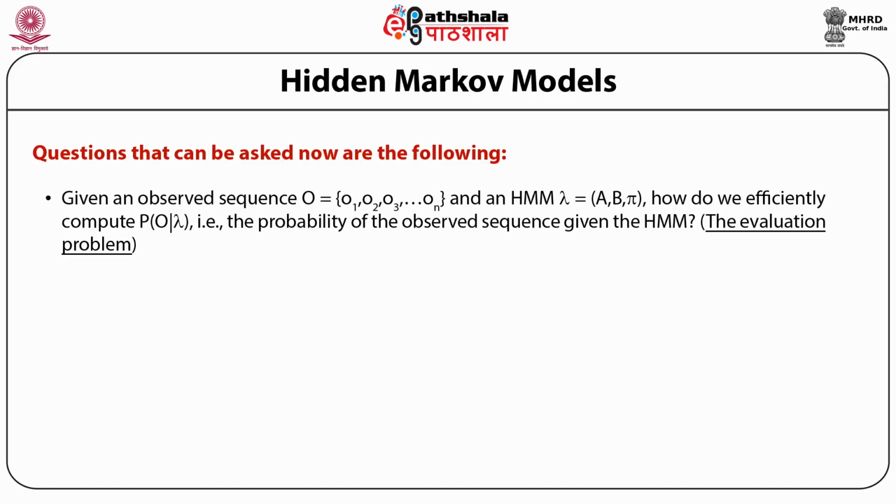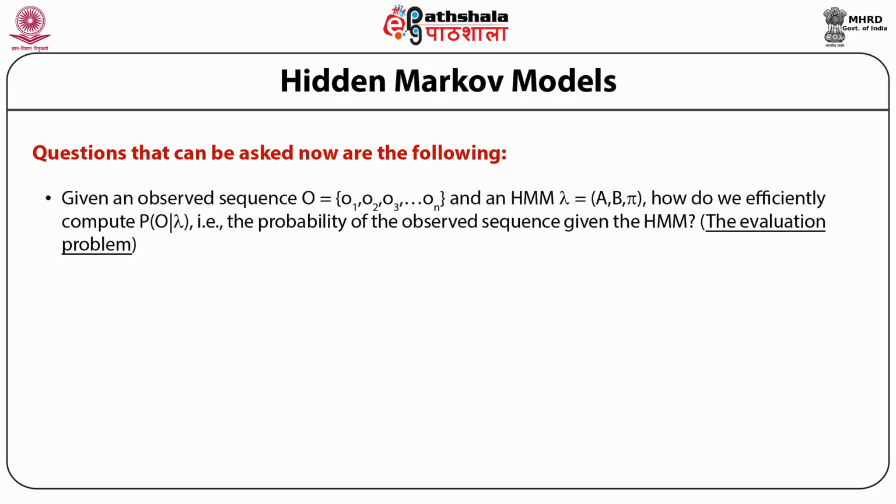So the problem here is, how can I efficiently compute the probability of observing the sequence O given the hidden Markov model lambda? Given a sequence and a hidden Markov model lambda, I simply ask what is the probability that this sequence could have been emitted by this hidden Markov model? This kind of problem we will call the evaluation problem.